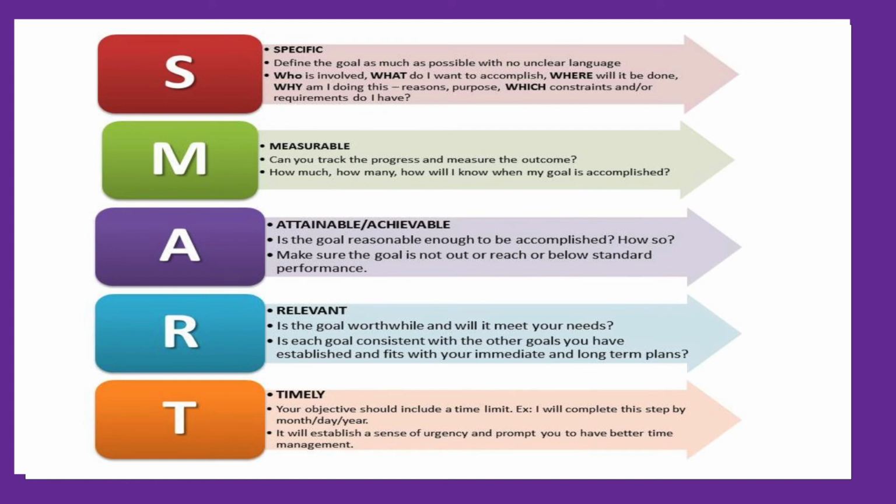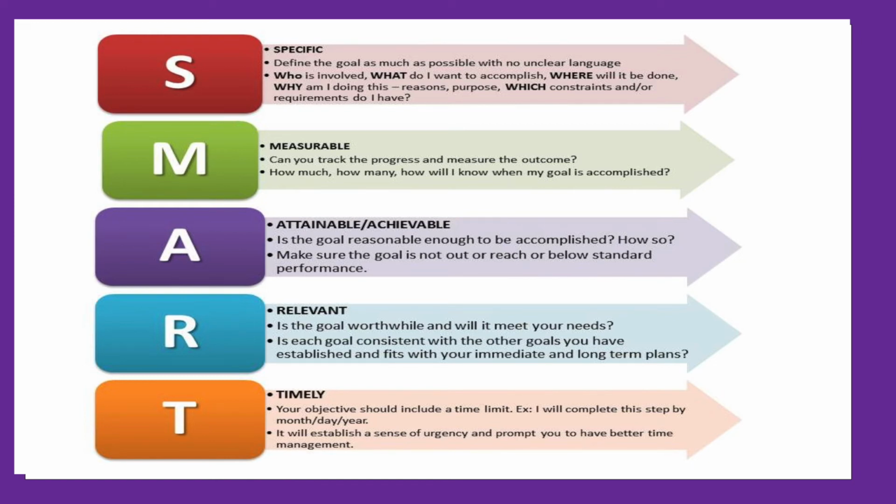So you'll see the SMART goals picture, and this is really important when you are writing your action, that you're really clear about how specific, how measurable, how attainable, how relevant and how timely it is. In terms of how specific, you might start with quite a broad action. So this will help you: who is actually involved, what do you want to accomplish, where will you do it, why are you doing this, and which constraints or requirements do you have?